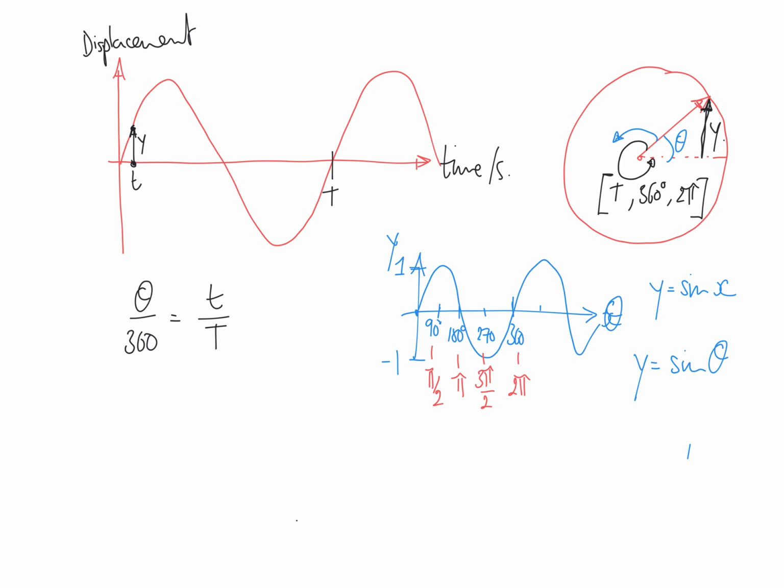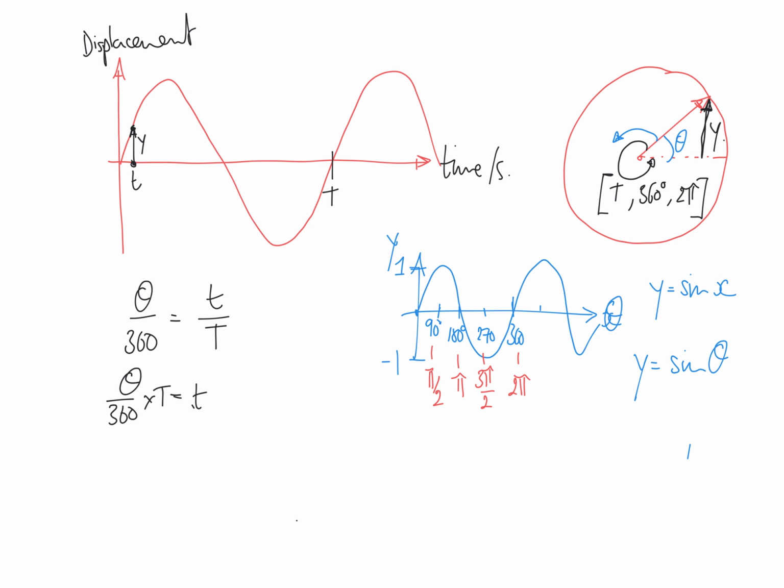So therefore, quick little rearrangement, theta over 360 multiplied by T gives us that time period. So we are now representing a time period in terms of a number of angles which we've gone through.